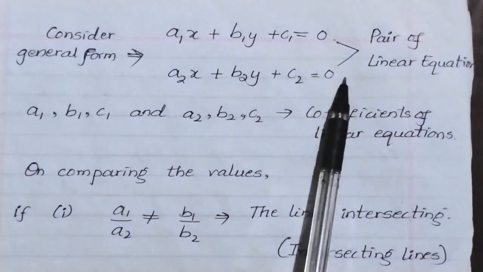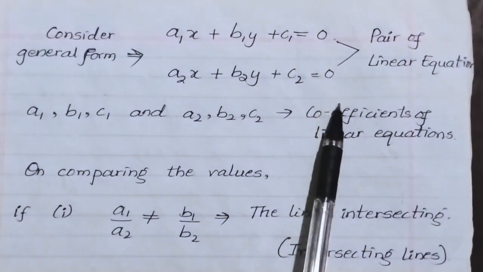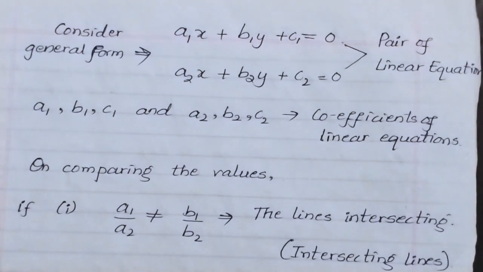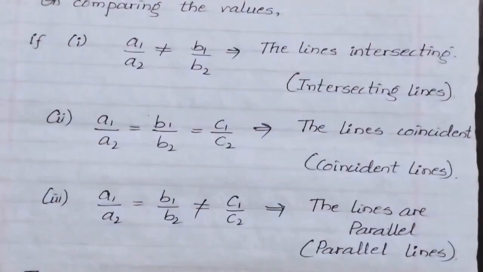When I see this pair, if a1 by a2 is not equal to b1 by b2, then we say that the lines are intersecting lines. When the pair of linear equations has a unique solution, we say that the lines are intersecting. The condition to know is a1 by a2 not equal to b1 by b2, then the lines are intersecting.